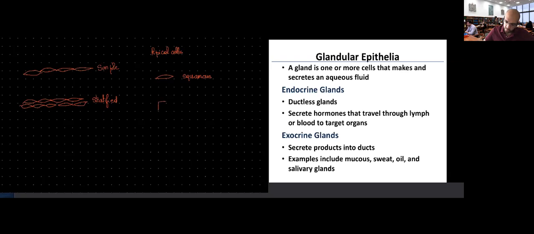If the apical cell layer was formed of cube-shaped cells, we call this a cuboidal epithelium. And if the apical cells are tall cells, we classify this as a columnar epithelium.